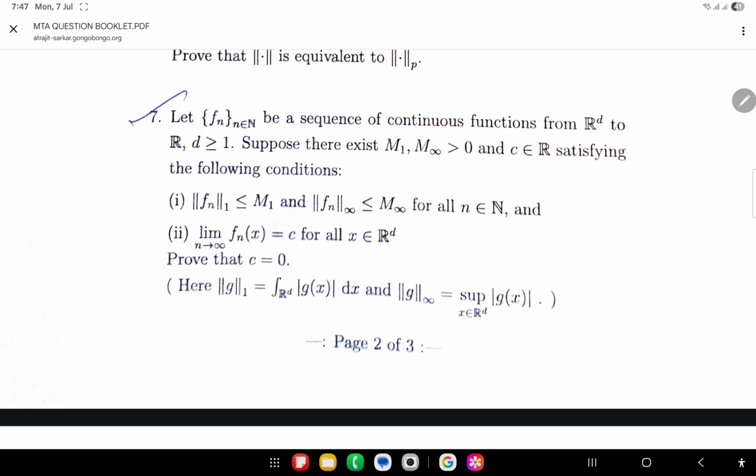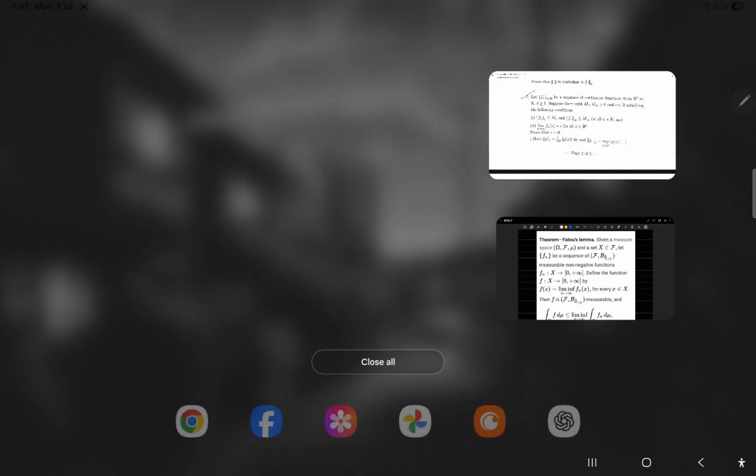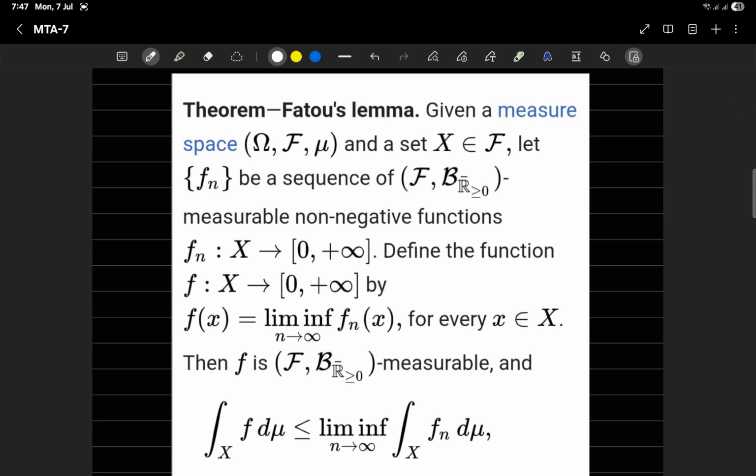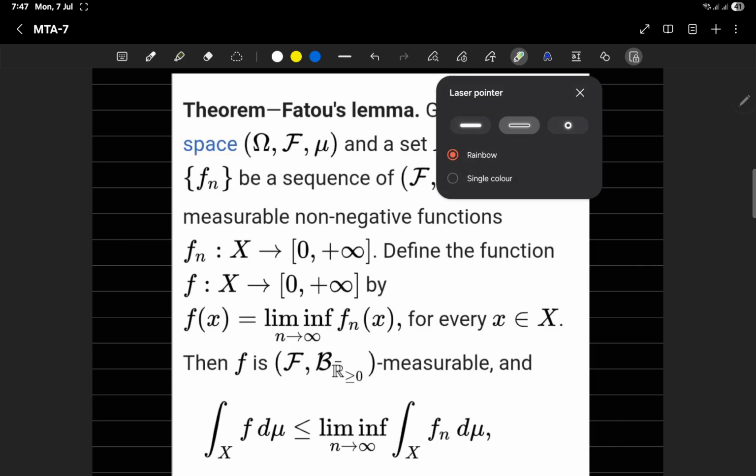Okay, now let us look at what Fatou's lemma is. Fatou's lemma holds in a measurable space, even any measurable space. Let me change the color a little bit.